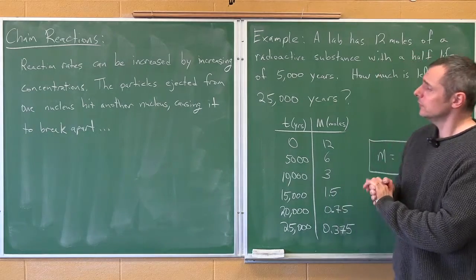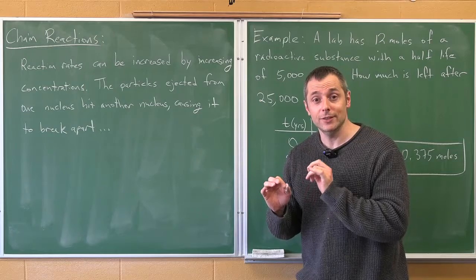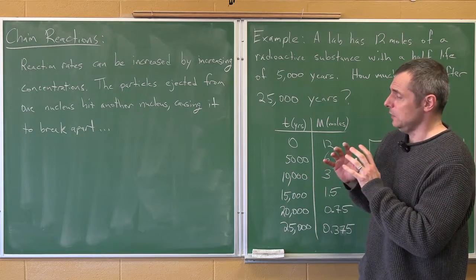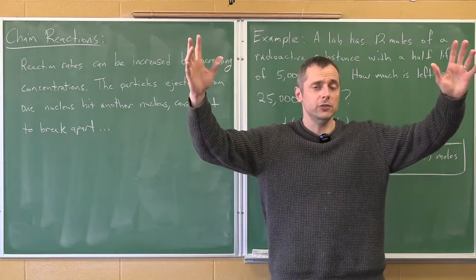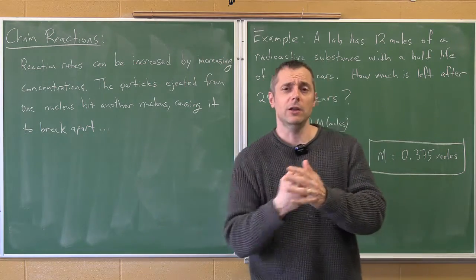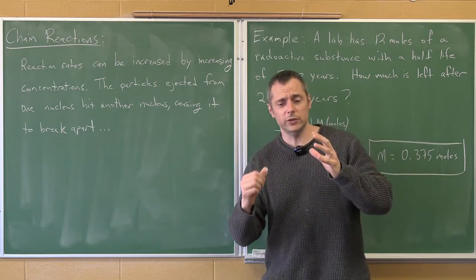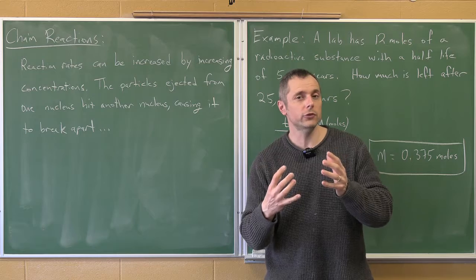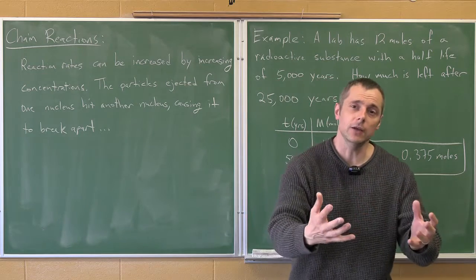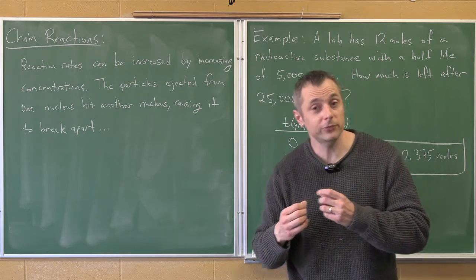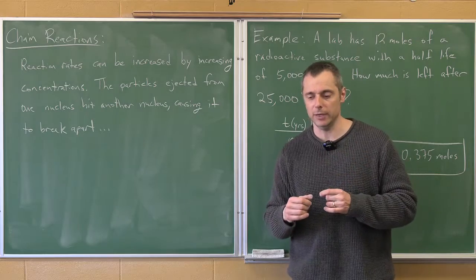So what happens is the reaction rates can be increased by increasing the concentrations. And then the particles ejected from one nucleus, rather than just flying out into space, hit another nucleus. So it's kind of like you got this unstable nucleus sitting there and it gets whapped with a neutron or something like that, and then that shock causes it to break, ejecting its own radiation, which then flies into another nucleus, and so on and so forth, and you get these chain reactions happening.